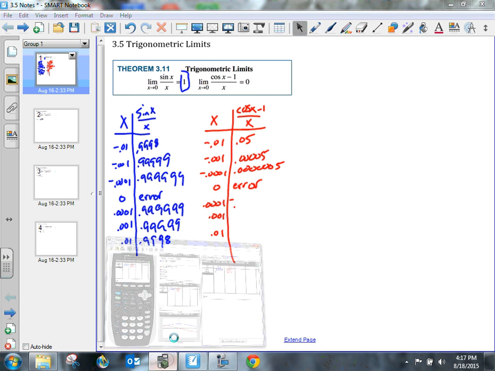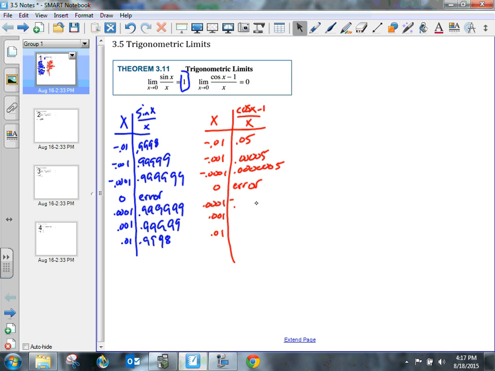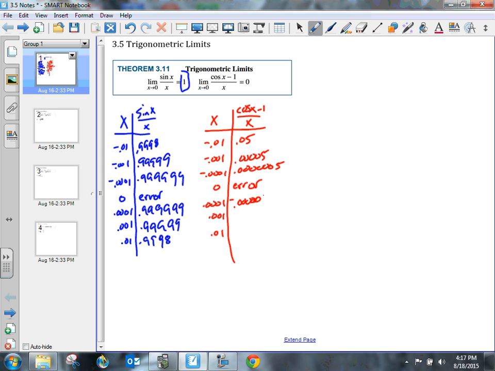Yeah, it goes down, so it's actually negative, but it approaches 0. Negative 0.00005, and negative 0.05. So these values are getting closer and closer to 0, and that's why this limit value equals 0.